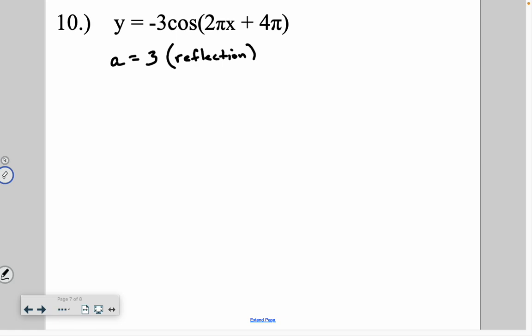All right, what's our B value on this one? 2 pi is the B value. So rather than a number, just like 2 or 3 or 5, it's actually 2 pi on this one, which means, what's the period? 1. Okay, that means that the period is 1. Now, it gets a little bit confusing sometimes because you might think, well, 1 what? 1 radian is the period.